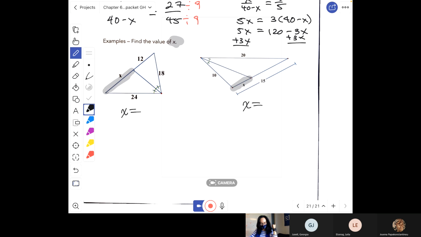Did anybody get X for the first example? It is 16. Does anybody need to see that one, or are we okay? Layla, Georgia, we good? Yes. Excellent.